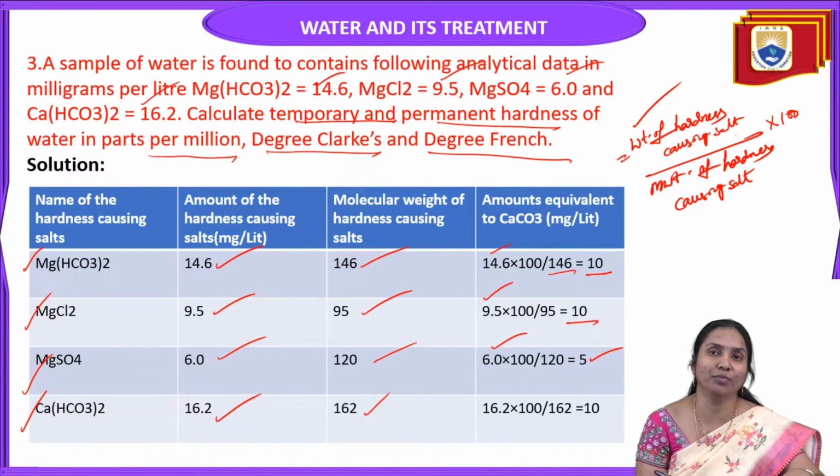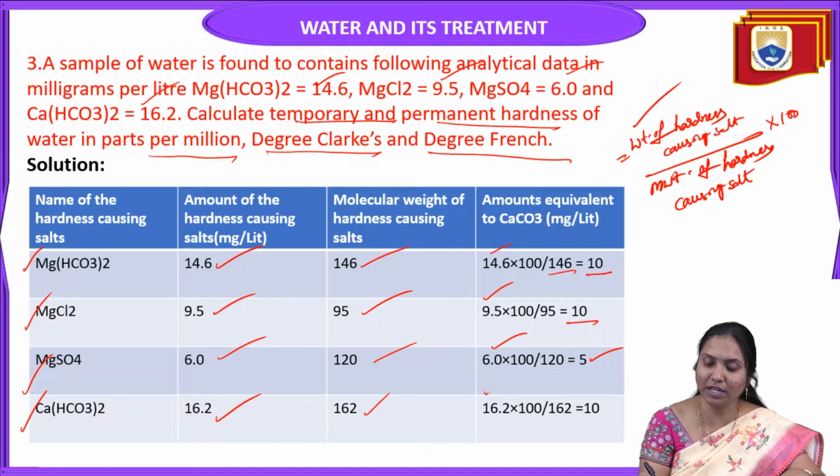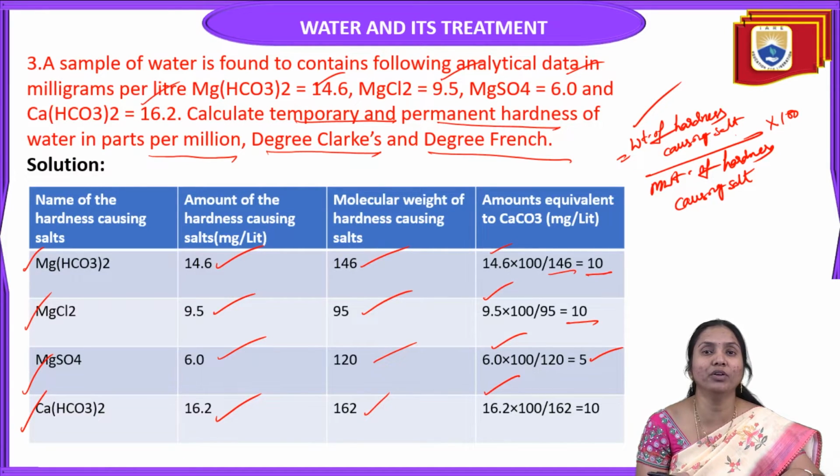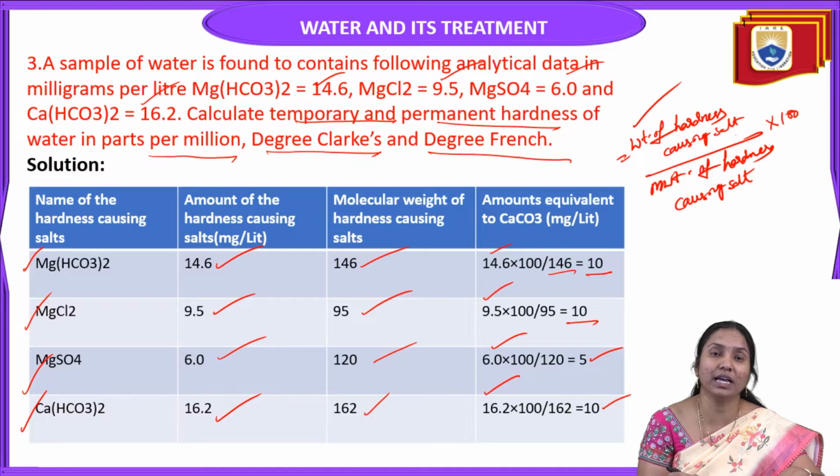The weight of calcium bicarbonate given in this data is 16.2, molecular weight is 162. So 16.2 by 162 into 100 is equal to 10. So this is step 1. You convert all the hardness causing salts into CaCO3 equivalents because it makes the calculation very easy.